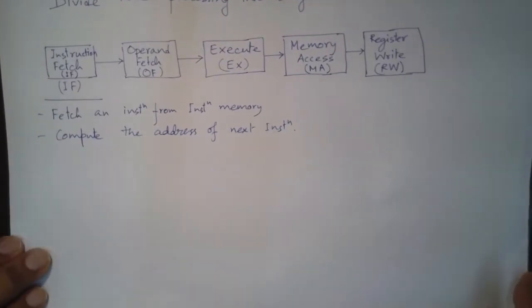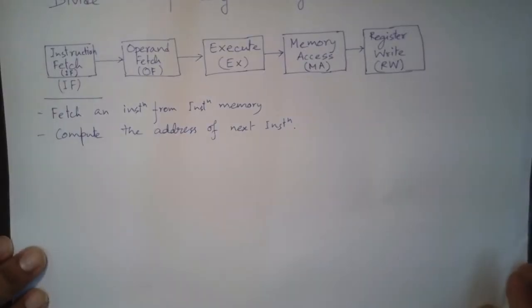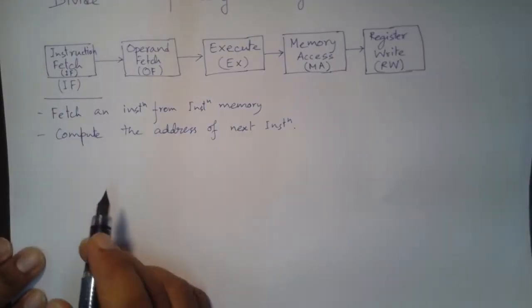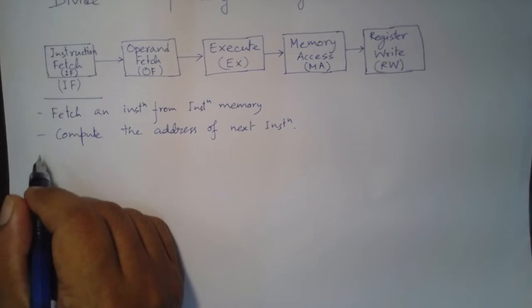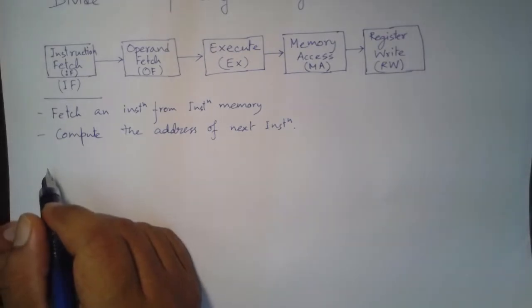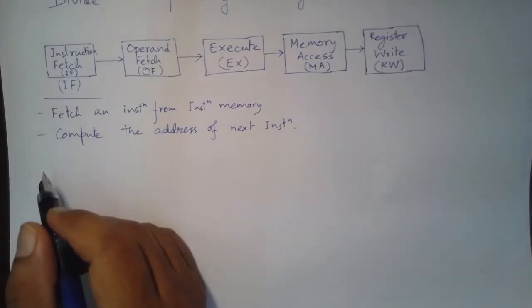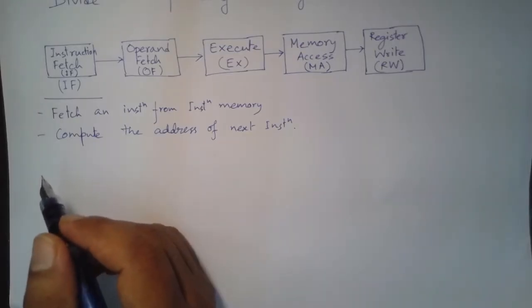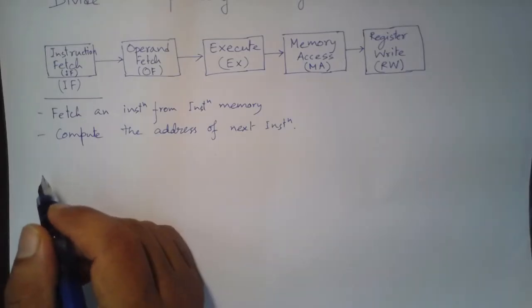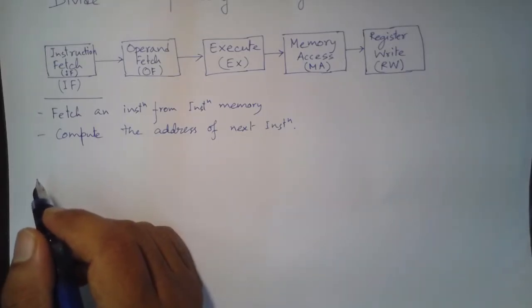So what do we do in this operand fetch stage? The first thing we do is decode the instruction, because we already know that the instruction is 32-bit, and bit numbers 32 to 27 are reserved for the opcode. By reading those 5 bits, we know what this instruction is about.